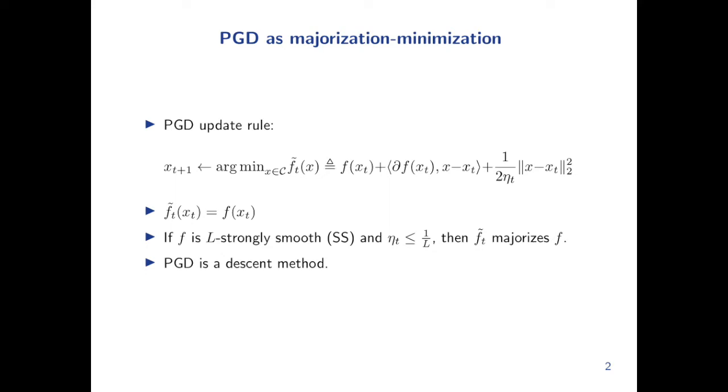But this is actually kind of a tangent. What we're going to use this majorization minimization approach of projected gradient descent for is to derive a better version of PGD that is suited to certain very special constraint sets. Okay, these are in particular constraint sets that have some type of very nice geometry to them. We'll see exactly what these are in a little bit.